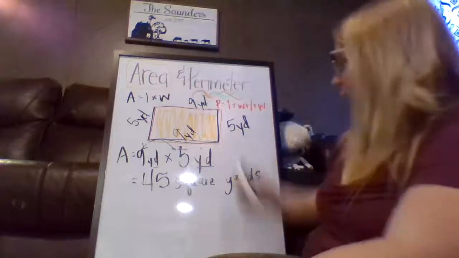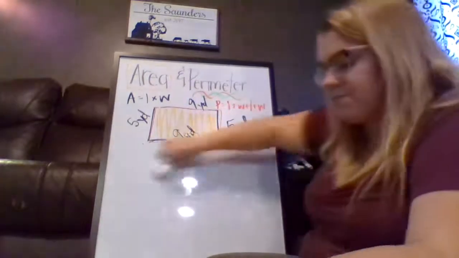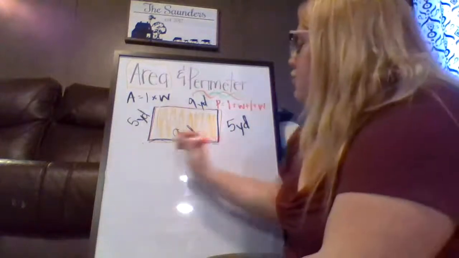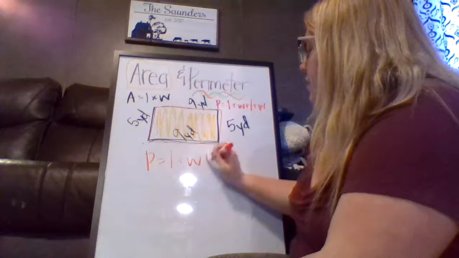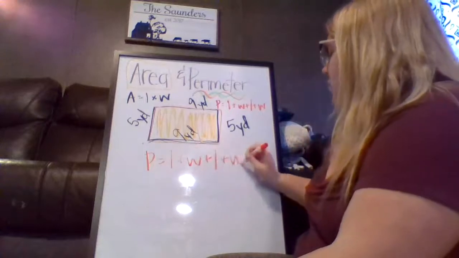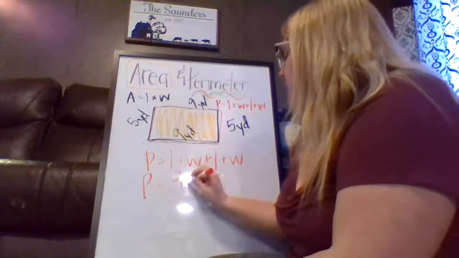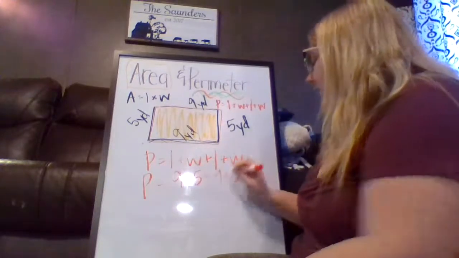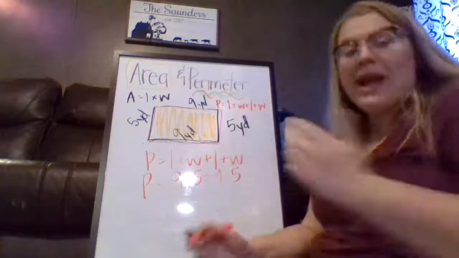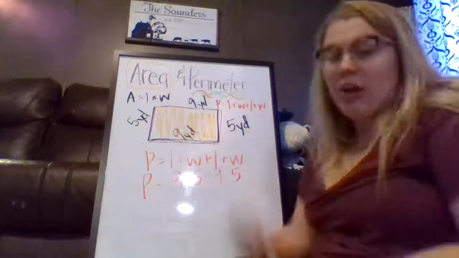I'm going to erase the area one. If I write much farther down, you're not going to be able to see. So if perimeter is length plus width plus length plus width, that means our perimeter is 9 plus 5 plus 9 plus 5. The way I always teach my kids to do it in class is don't try and add all 4 numbers.